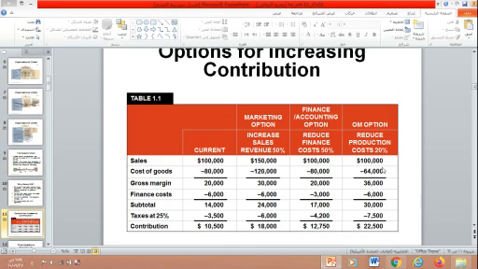But the question here is whether it is possible or easy to reduce the cost of goods sold by applying the operation management option. Maybe it is a bit difficult, but it is still feasible. Okay, so the operation management option may yield the greatest improvement in the contribution, and it is also the only feasible option that can be applied within organizations.